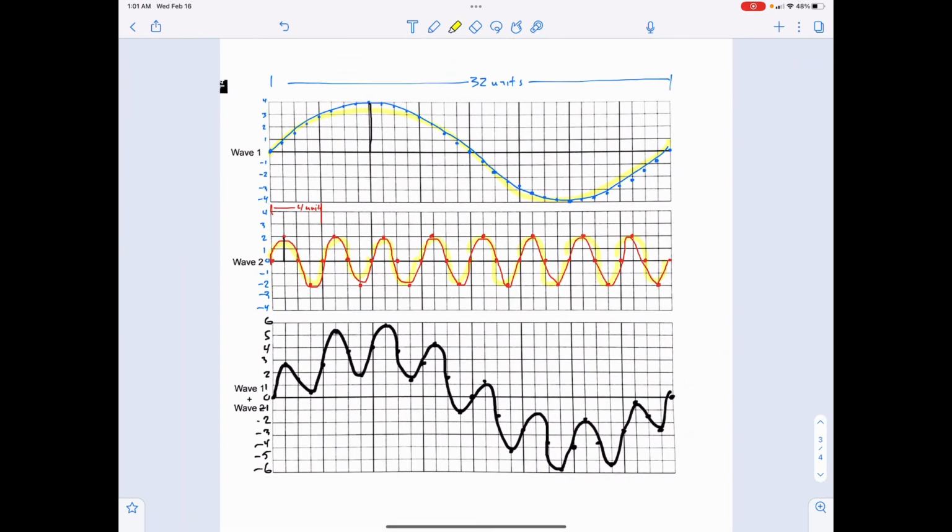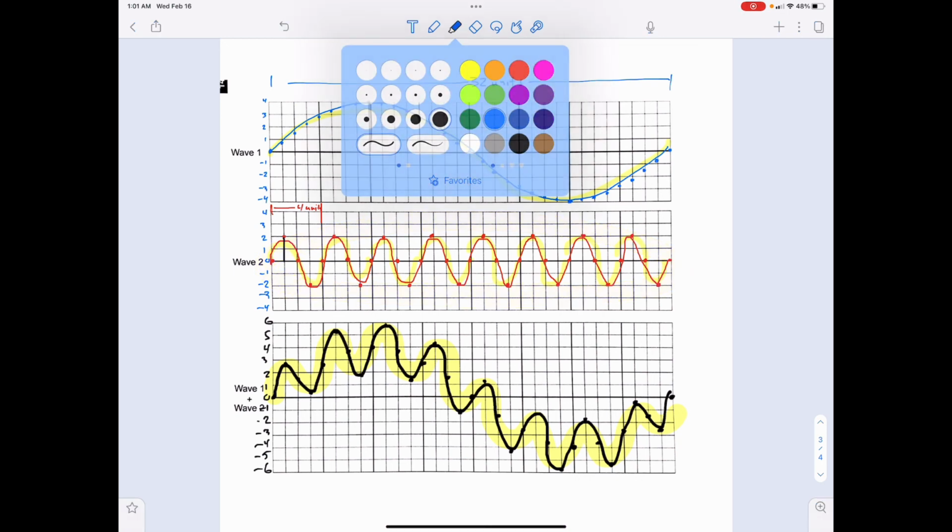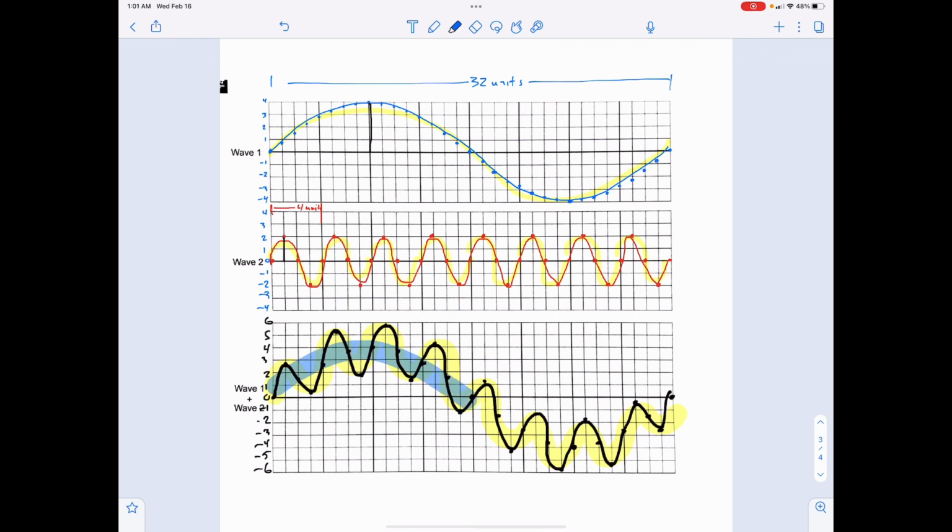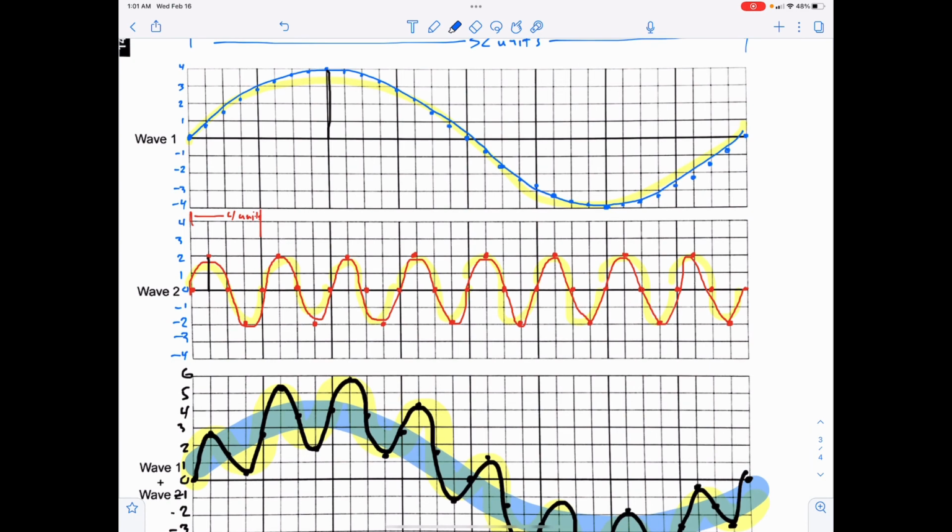Notice you have the often repeating nature of the second wave. But notice you also have the longer wavelength associated with the first wave. So you have this combination of the two, hence the interference pattern that's developed, because interference refers to the combination of the two.